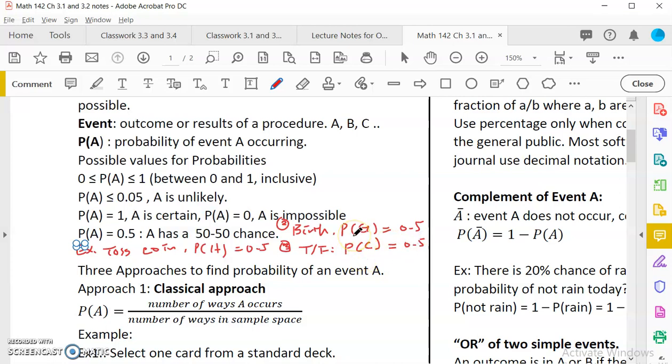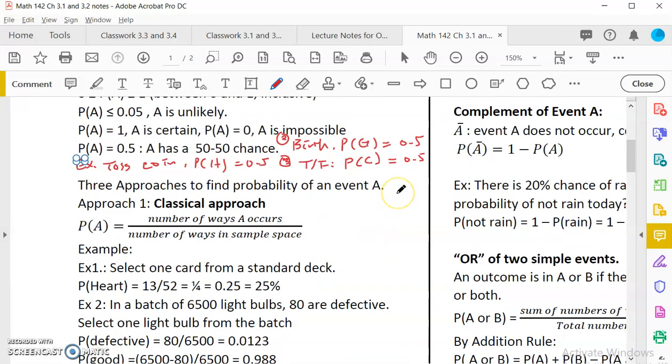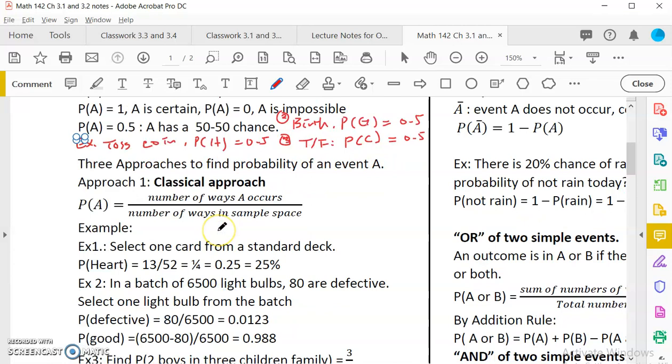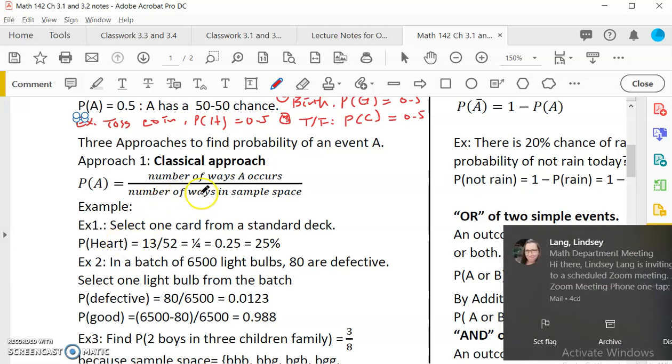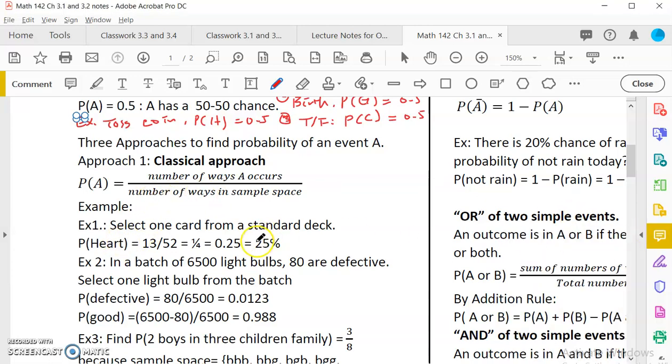Other than that, how can I find the probability of an event? For example, I select a card from a standard deck. How do I know my chance of selecting a red card or a red heart card? There are different approaches to find the probability of an event. The first is the theoretical or classical approach.